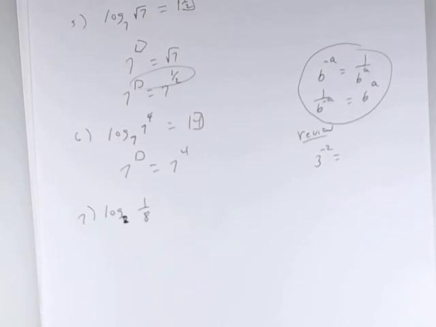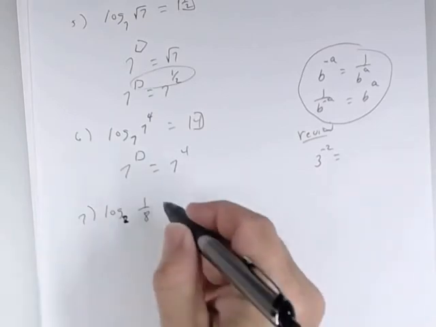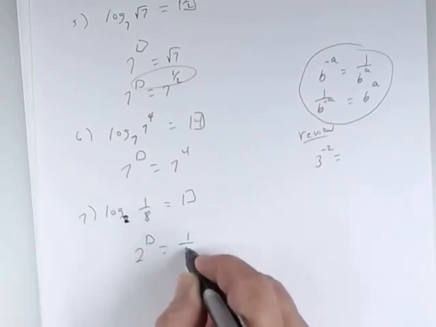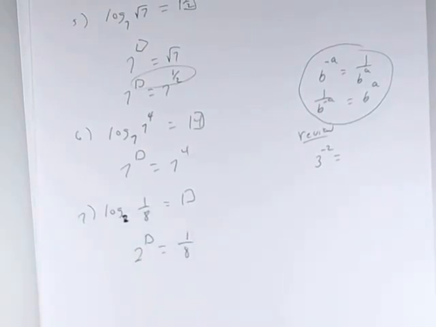So what are you going to do first? You're going to say equal box, and then you're going to write it as an exponential, correct? What's the base? 2. And 2 to the box equals what? 1/8. All right, so that's where we're at. What do you think the answer is?